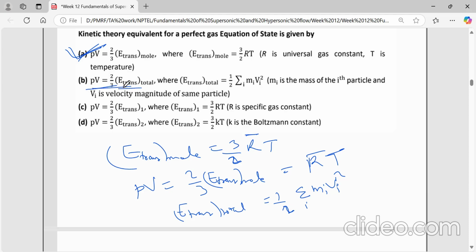This total energy PV will be equal to total energy, and this total energy will also be given by half sigma i mi vi square. These both are correct. That's why this option B is also correct. And option C and D are wrong. One thing to know that it is not mentioned what is this E translational 1, 2. So we cannot say if this will be equal to 3 by 2 RT or 3 by 2 kT or not to satisfy the perfect gas equation. That's why only option A and B are the correct option.